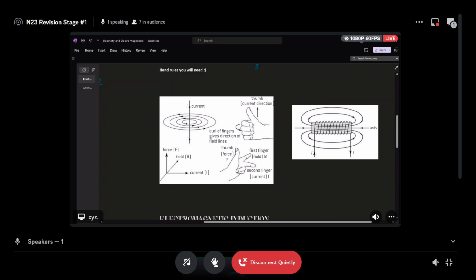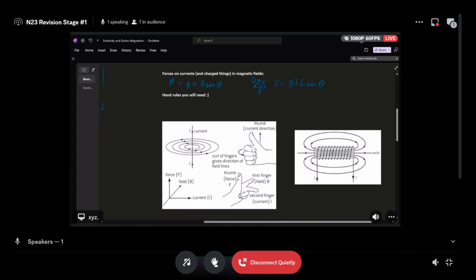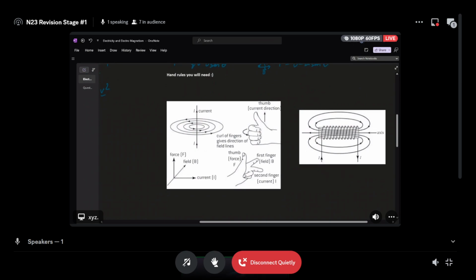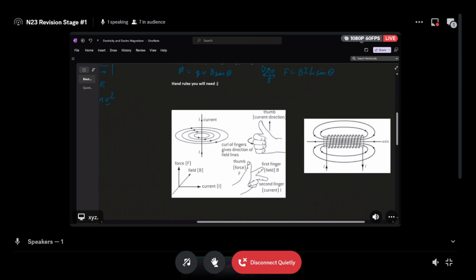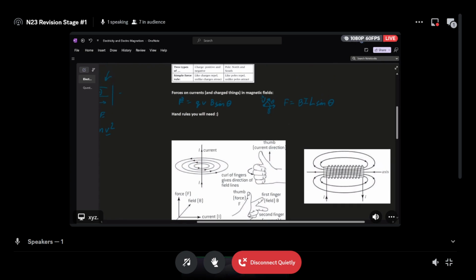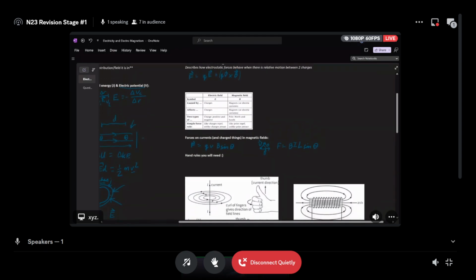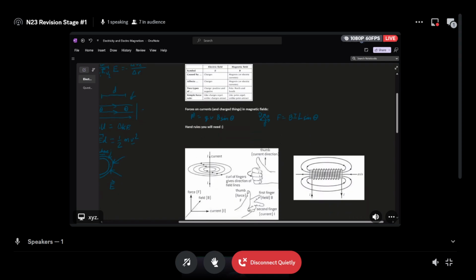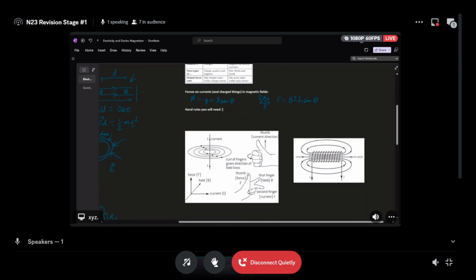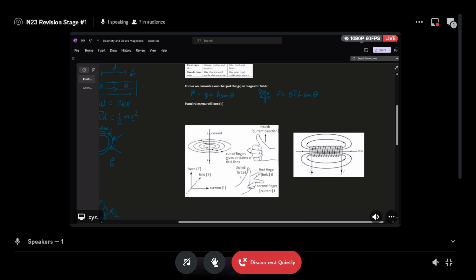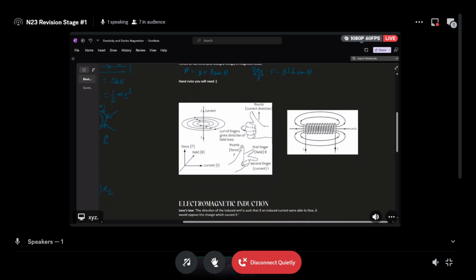Okay, now we have our hand rules. These are all the ones you need to know. The magnetic field is generated whenever charge is moving or whenever there's a north and south pole. In the case of a current carrying wire, the magnetic field will be in this circular pattern around it. This comes as a result of Maxwell's equations. In IB, you just take it as a given.